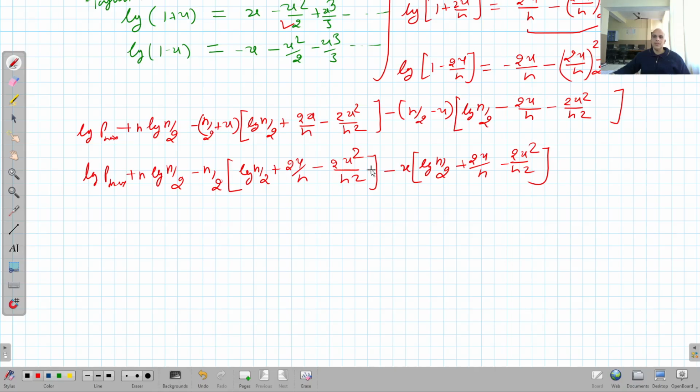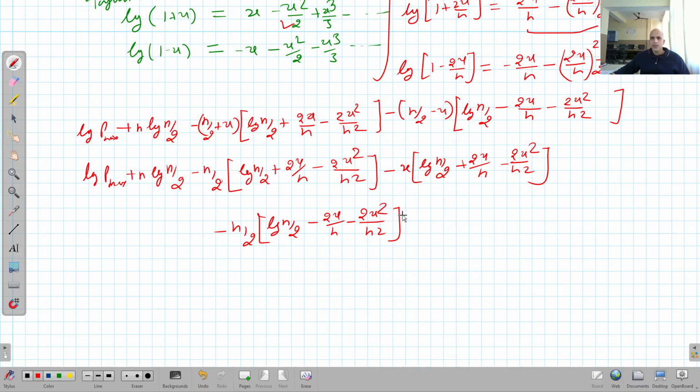This is the first term. Similarly, for the second term, we will have minus n/2 log of n/2 minus 2x upon n minus 2x square upon n square, right?